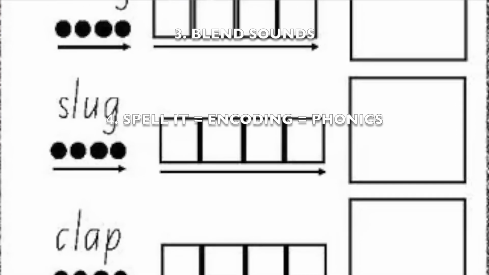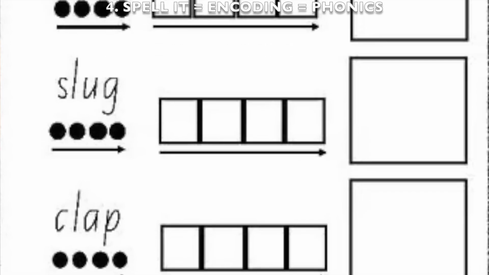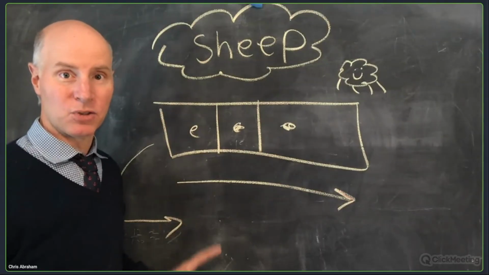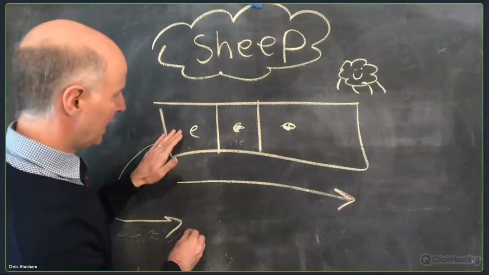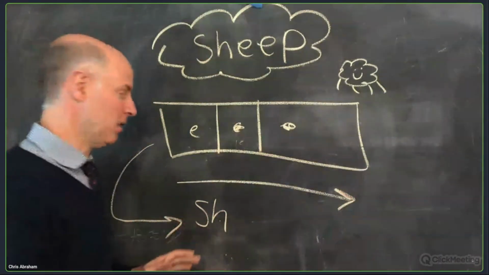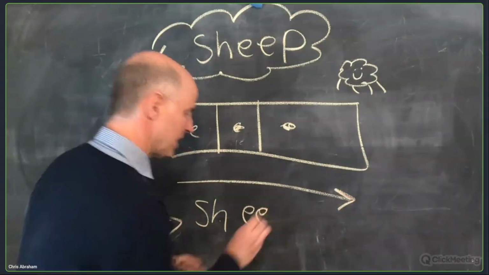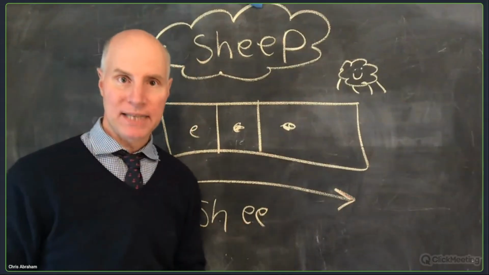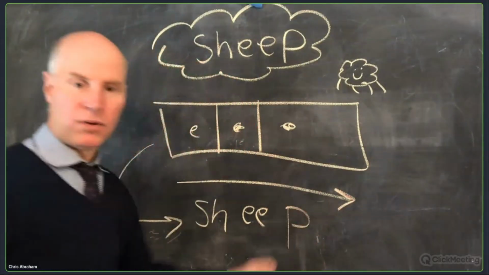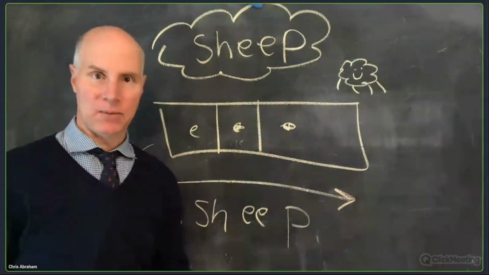Because now, if I'm asked to spell it out, we have to match up the sounds with the correct corresponding spelling patterns or graphemes. So we'd have to say, sh, I use the SH digraph for that sound. The E, I use the double E vowel digraph for that sound. And the P, I use that grapheme or letter for that sound.